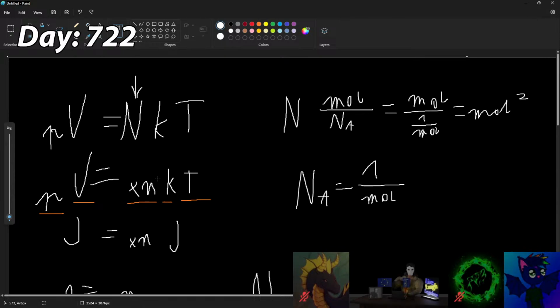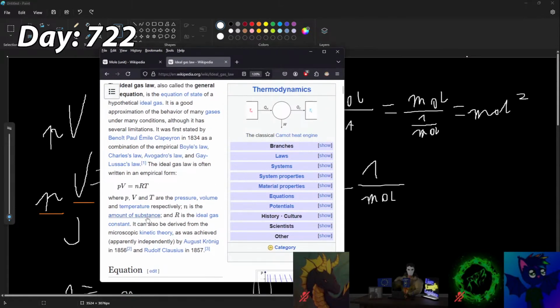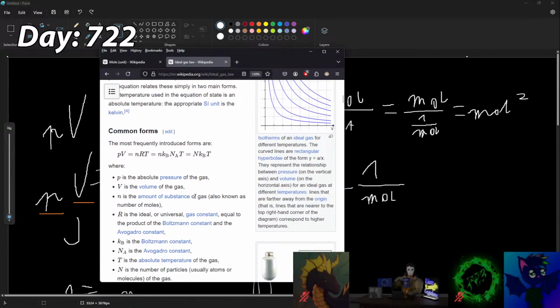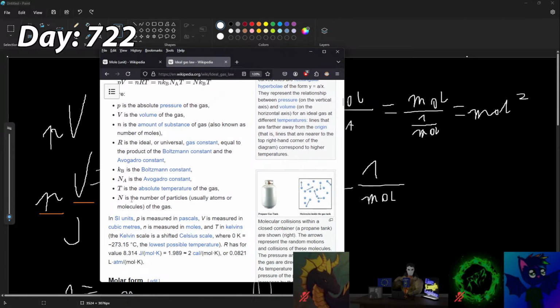And an elementary entity is an n counts packs of elementary entities. What is that? Hold on. Look at this stuff. Ideal gas law. Look at this stuff. N is the amount of substance, right? That's mole. But capital N is not amount of substance. It is the number of particles of a gas.